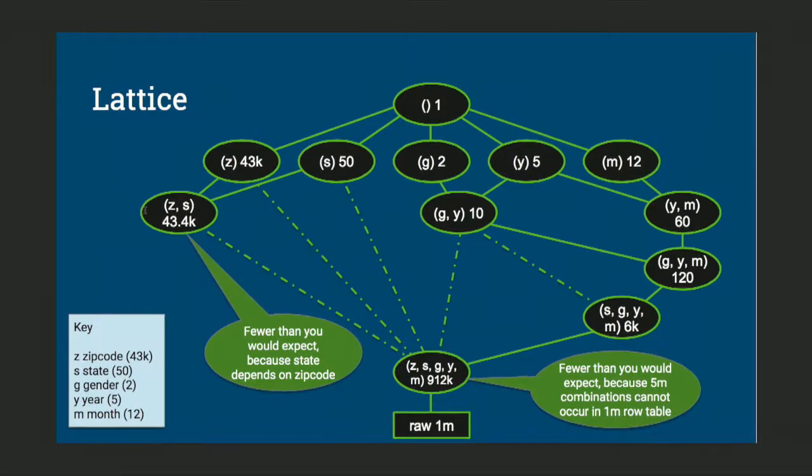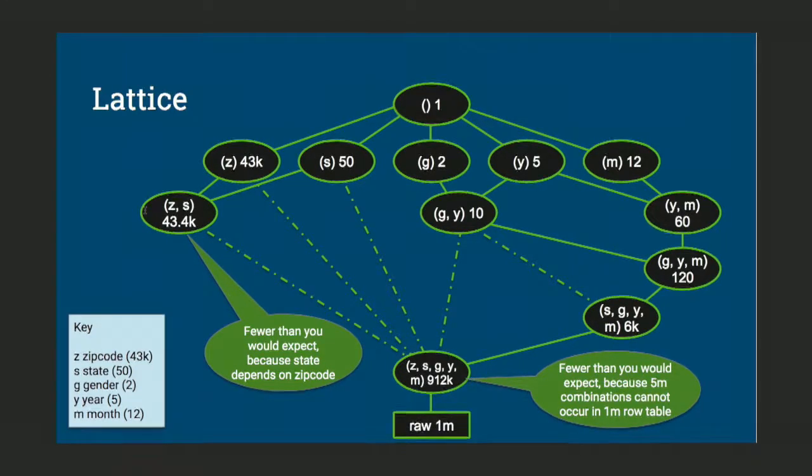One interesting thing here is that most of the things are independent, right? So you've got 12 distinct values for month, you've got 5 distinct values for year, and sure enough, there are 60 distinct values for year and month combined. Likewise, there are 2 distinct values for gender, therefore 10 distinct gender and year combinations.